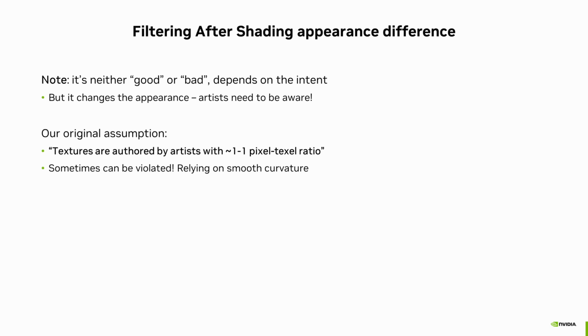But this is where our original assumption that textures are authored by artists with 1:1 pixel-to-texel ratio sometimes can be violated. For example, artists might have wanted the surface to be very smooth. They might have relied on the reduced texture resolution to save memory, assuming that it would produce a smooth surface. In this case, this assumption would be violated.